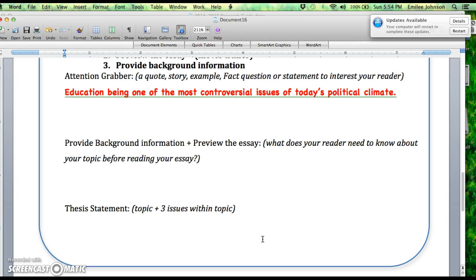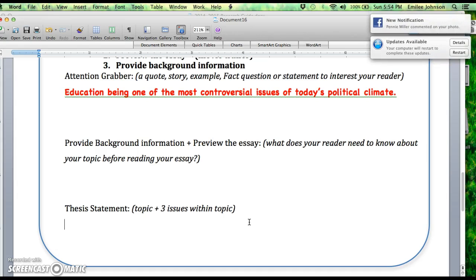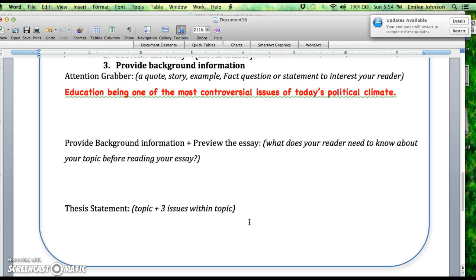And the last thing you're going to do is give your thesis statement. Remember, your thesis statement has to have your main idea, which is the topic that you have been assigned to write about, and it has to have your 3 subtopics or issues that you've pulled out of your research.